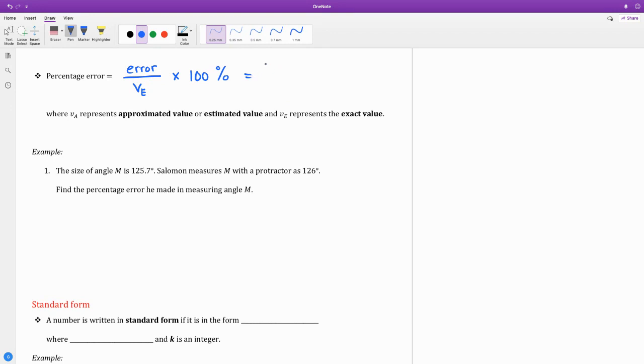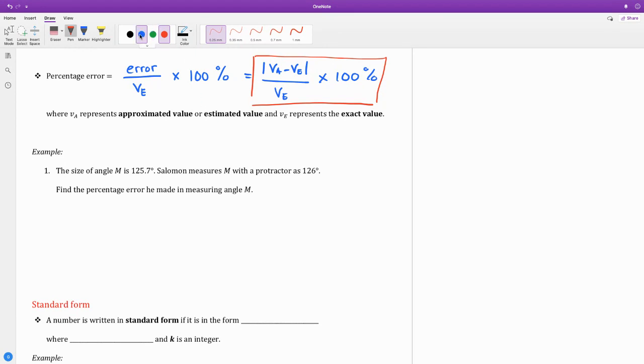Since the error is the absolute value of VA minus VE, the percentage error is the absolute value of VA minus VE, divided by VE, and then times 100%. So here is the formula for finding percentage error.